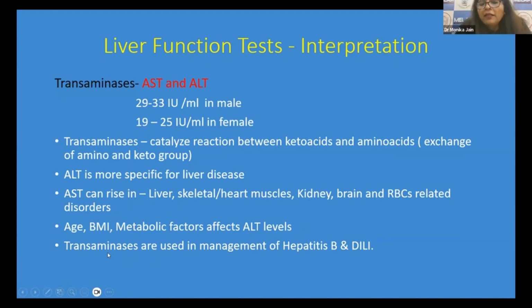And transaminases, as I have already mentioned, are used specifically in management of hepatitis B and drug-induced liver injury. Like if a patient is already on ATT, monitoring the side effects of ATT is by looking at the transaminases. And in case of hepatitis B management, when we start antivirals, we look at the transaminase levels to think of starting or monitoring the therapy.